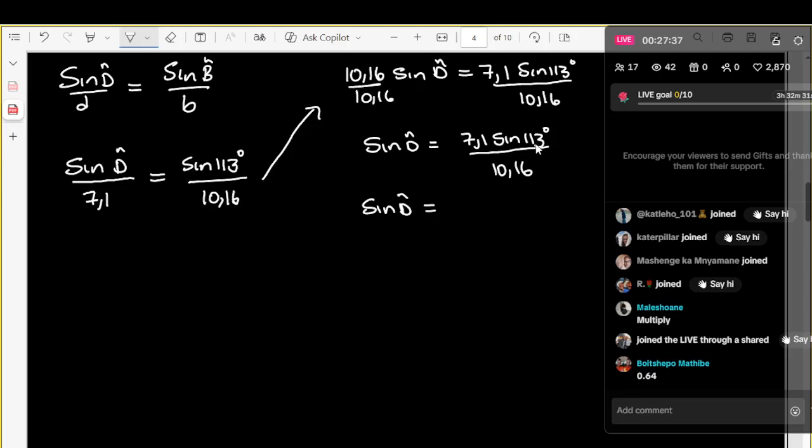I'm just going to say this is equal to 0.64, but remember, you don't have to round off that answer yet. Just say D is equal to the sine inverse of answer. Just write answer, then whatever you get is your angle D. What is angle D equal to?